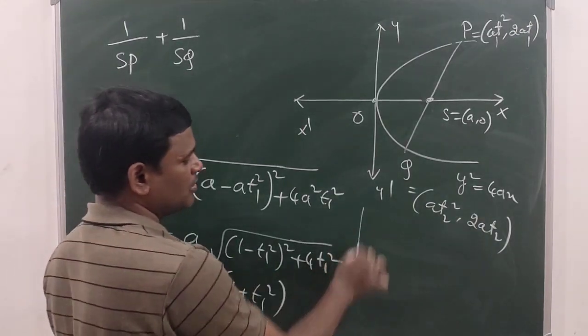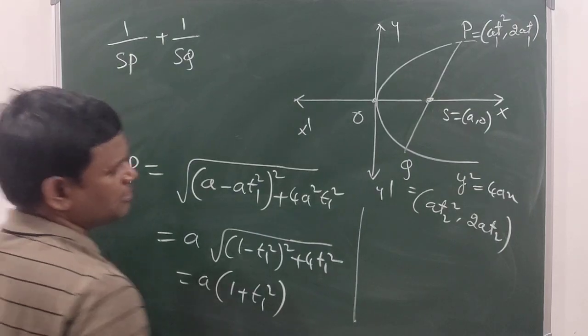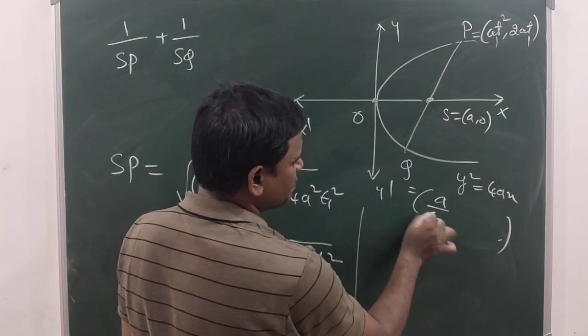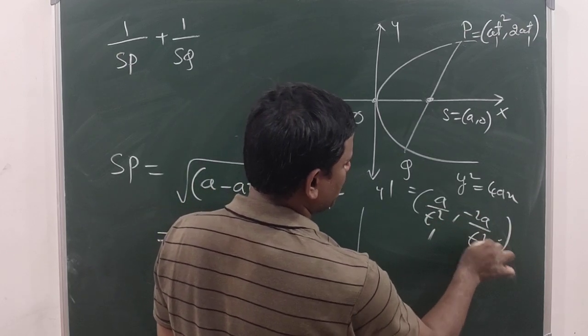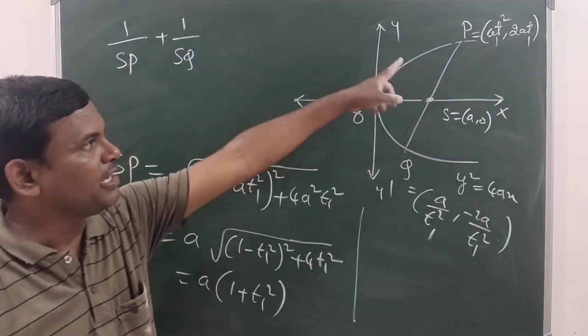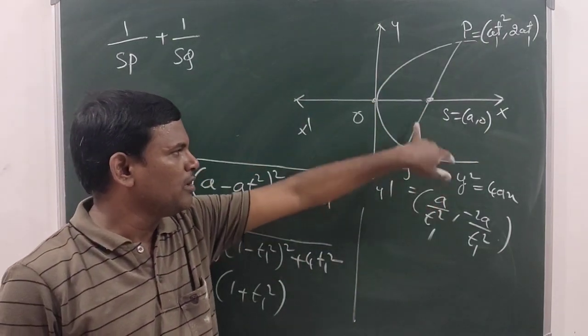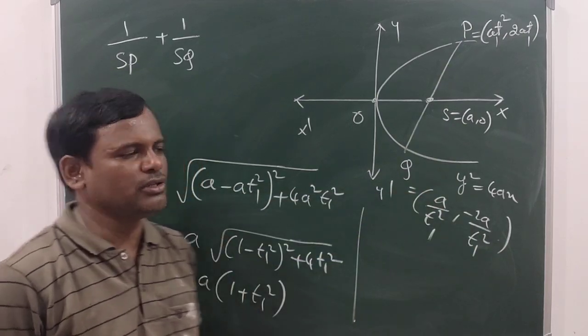Similarly, this SQ, the other end I would like to take as a by t1 square comma minus 2a by t1. One end I have taken as at1 square comma 2at1. For the other end of the focal chord, you can take a by t1 square comma minus 2a by t1, you know that.